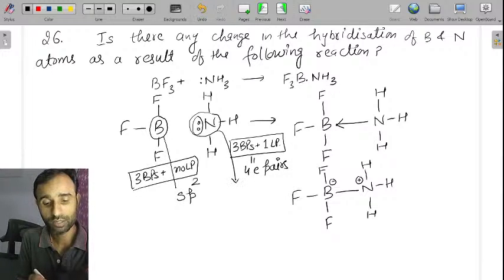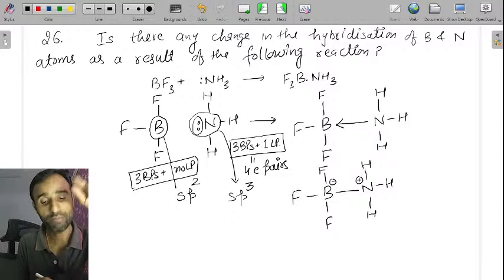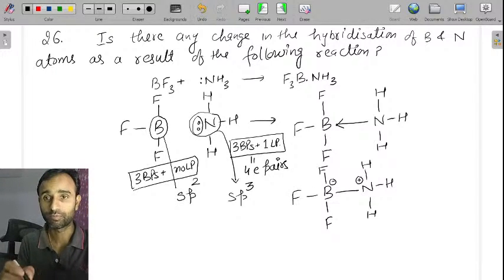So it is sp3 hybridized. Very good. So sp2 boron, sp3 nitrogen.